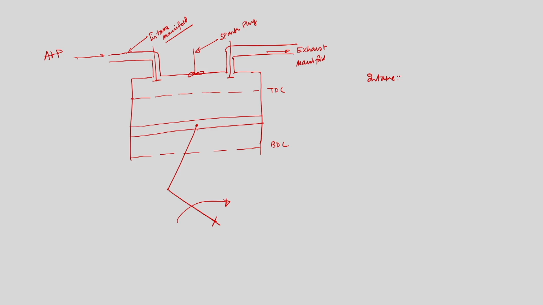Because of the combustion there will be huge pressure and temperature again, and that pressure will create a thrust on the piston face. As I said, the piston is essentially of cylindrical shape. At the piston face, that high pressure will create a thrust and allow the piston to come down from TDC to BDC, and this is known as the power stroke. Since at the end of the compression stroke the piston was at TDC, now there will be combustion.